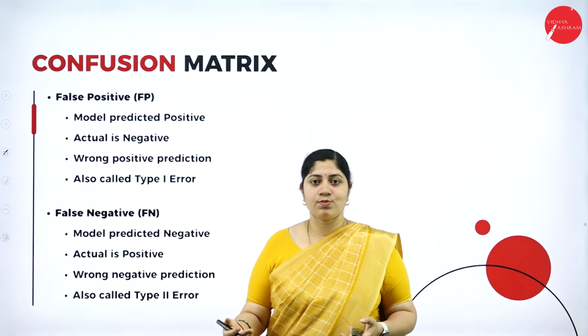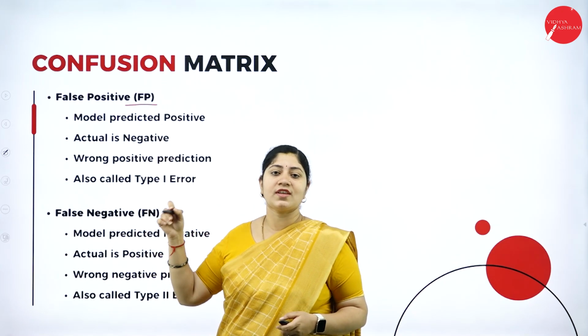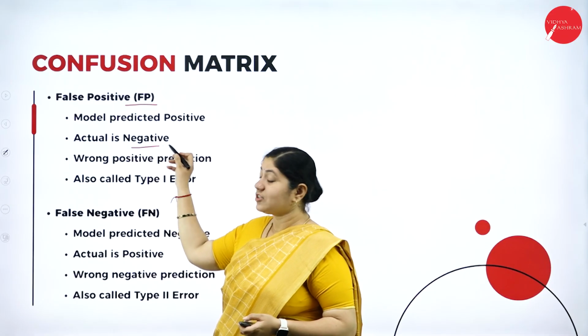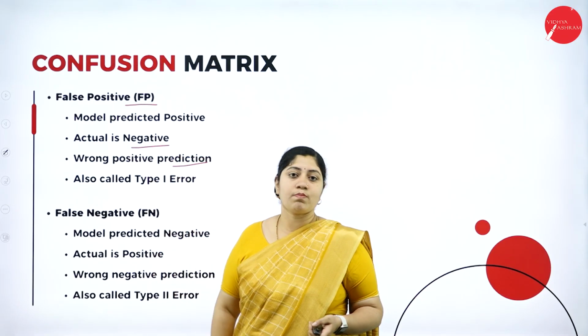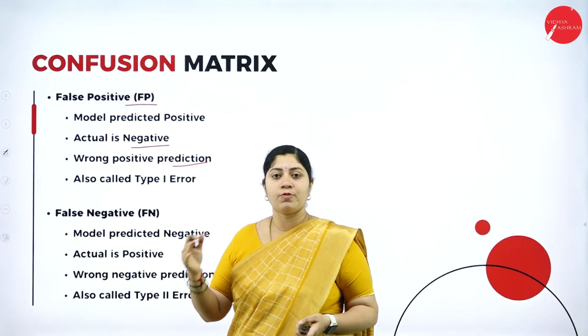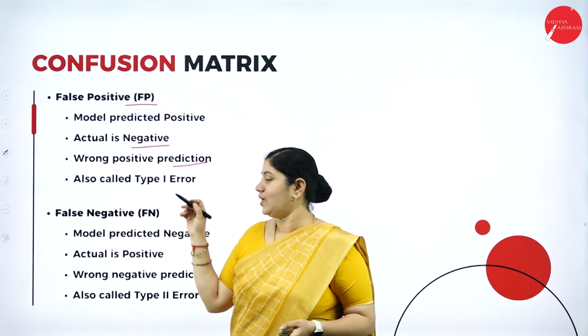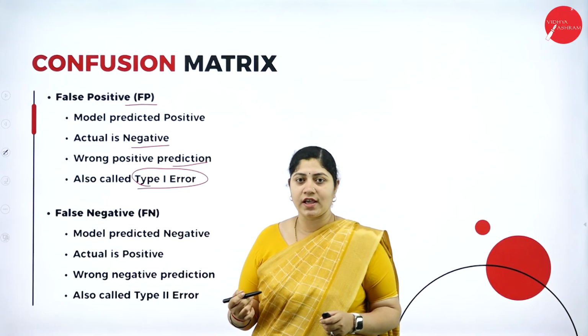Let's understand the next two cases. FP is false positive: the model predicted positive and actually it is negative, a wrong positive prediction, also called a type 1 error. Please note that it is generally considered a type 1 error.